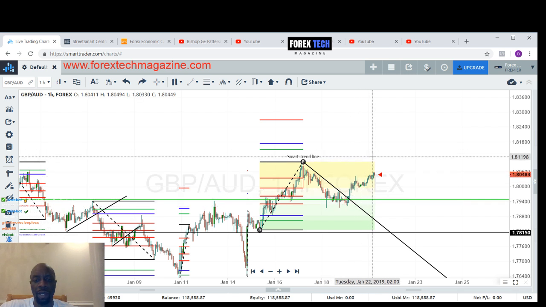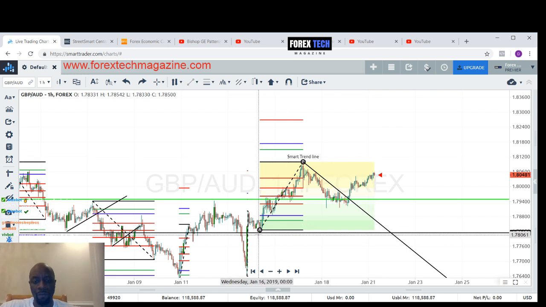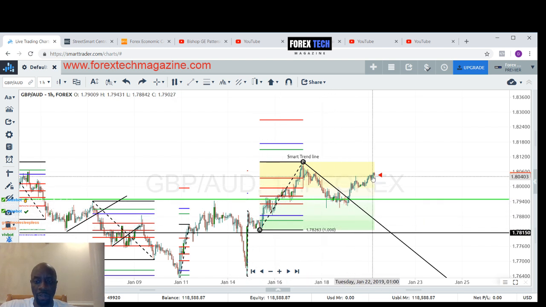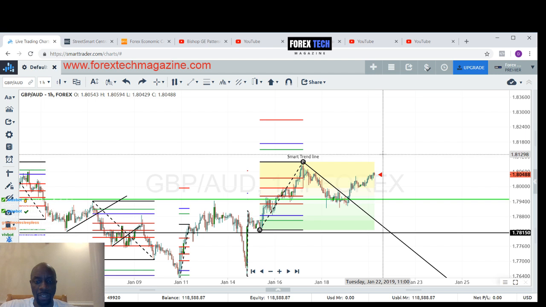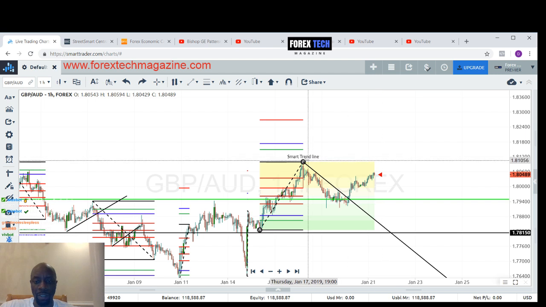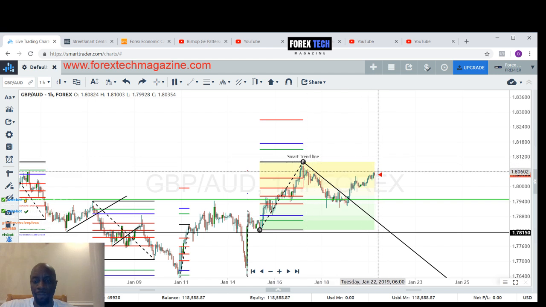Nothing's pushed above that high. And remember, whenever we get an uptrend, what do we have? We have higher highs and higher lows, right? So you have a low, you have a high, you have a higher low, because this low here is higher than the low that was there at the A. But what we haven't had yet was a high that was higher than the B, which is here.